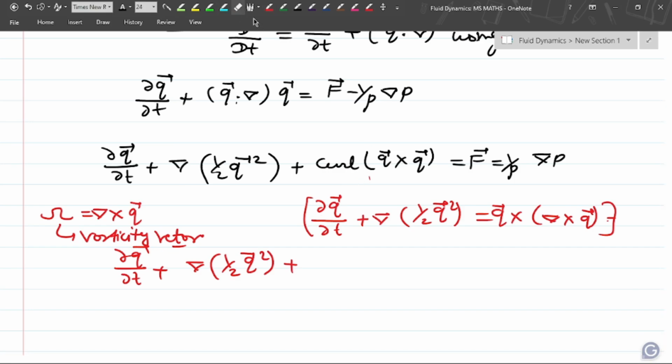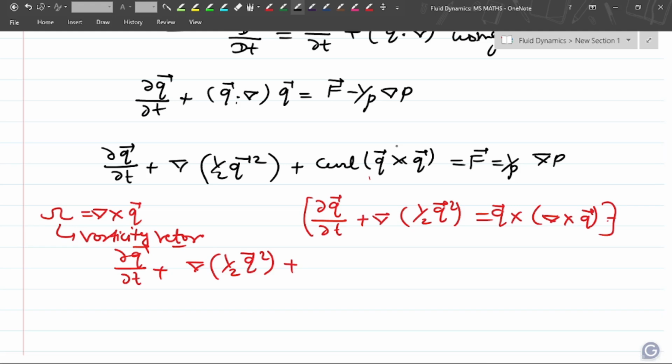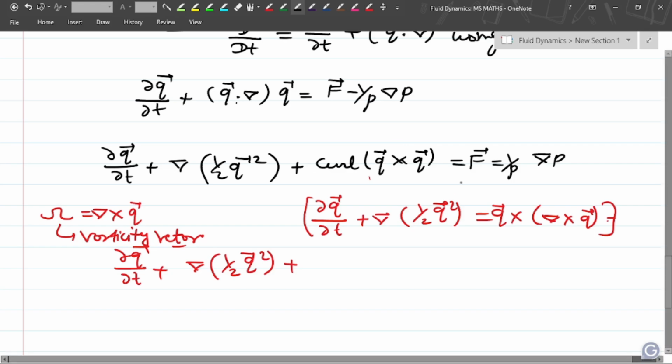So there is some mistake that we are going to correct. The curl, del cross q vector, we want to replace with omega, so it will be omega cross q vector is equal to f vector minus 1 by rho del p. So this is the equation.